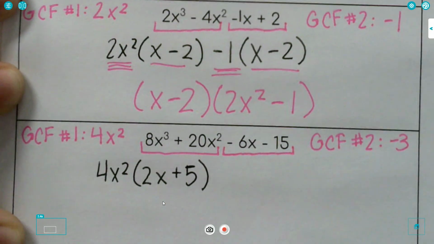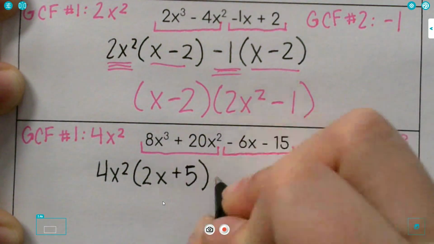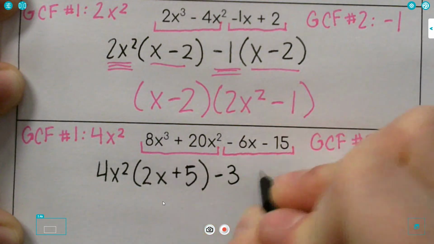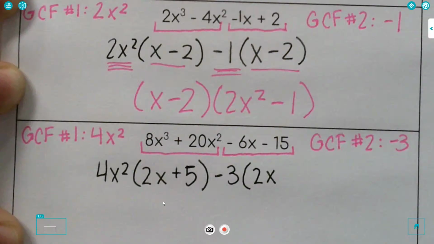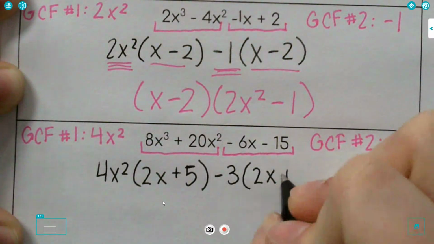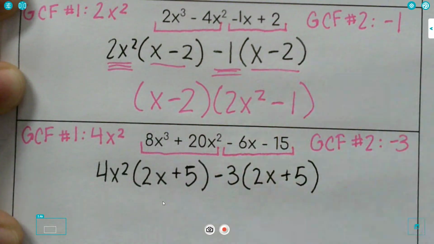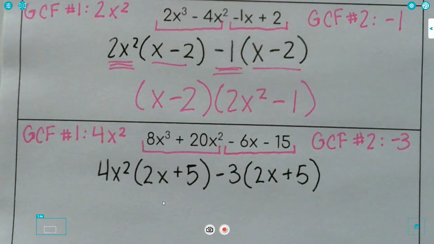So we're going to divide by a -3 here. So -6 divided by -3 is 2, and I still have my x. And then -15 divided by -3 is +5. And then we've left behind the same thing now. All right, so we've got 2x plus 5 and 2x plus 5.